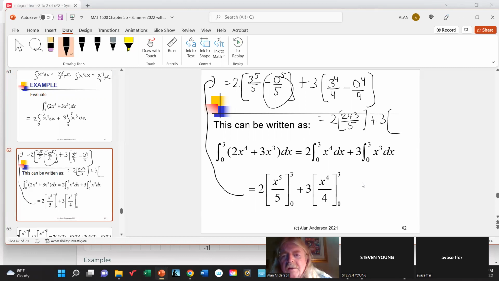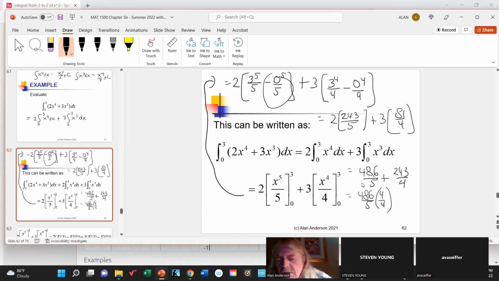Same thing over here. 3 to the 4th would therefore be 81. And now it's just a question of simplifying the fractions and finding a common denominator. So probably what you should do is multiply this one by 4/4, and this one by 5/5.